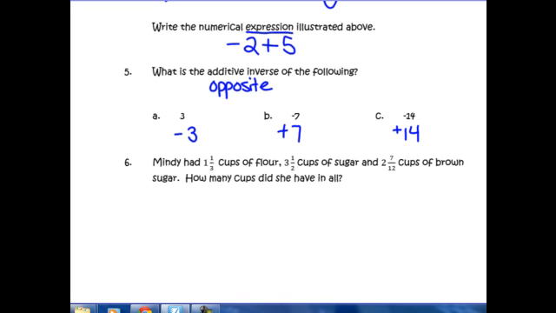No. When we sum these, as we saw in number 1, 3 and -3, their sum would be 0. When we sum -7 and 7, that sum would be 0. When we sum -14 and +14, that sum would be 0. Another thing to remember about additive inverses, they are on the opposite side of 0 on the number line.